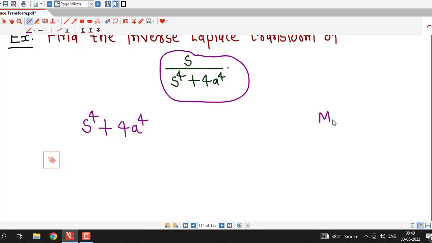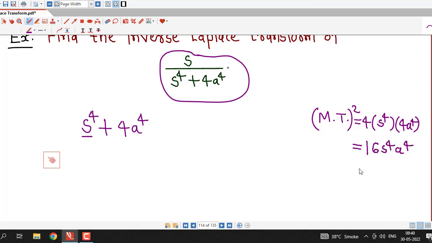And we recall that the formula for the middle term is: square of the middle term equals 4 times the first term into the last term. So we consider this s raised to 4 as the first term and 4 times a raised to 4 as the last term. So this is going to be 16 times s raised to 4 times a raised to 4, and this we can rewrite as the square of 4 times s square a square.